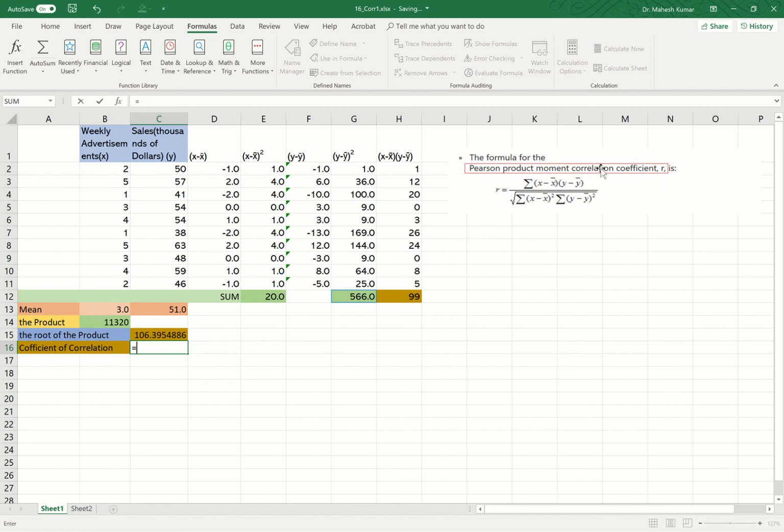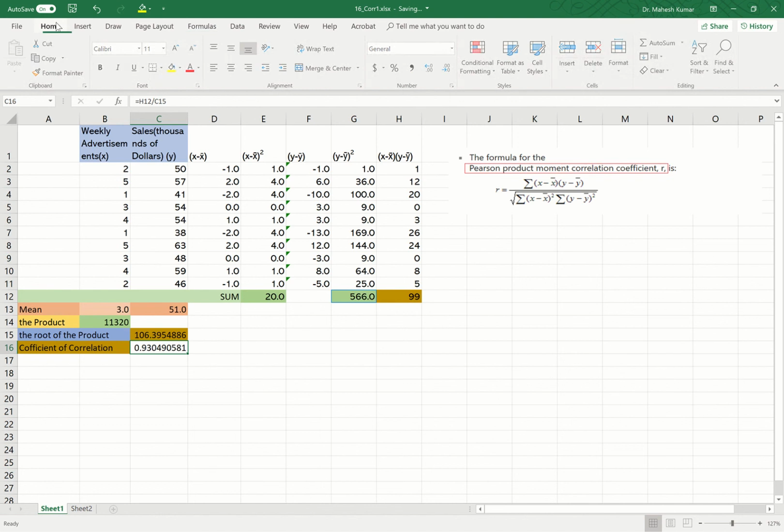Now the coefficient of correlation, finally we are here. Here we will do what? The numerator is sum of x minus x bar into y minus y bar, which is here, 99. So it is in cell H12, divided by the denominator, which is the square root of this product, which is in cell C15, and then we click enter, and here we go, we got the coefficient of correlation, which is 0.930490581.